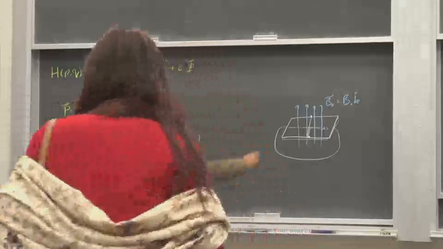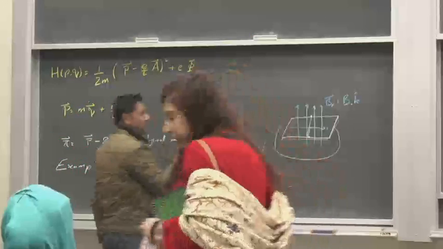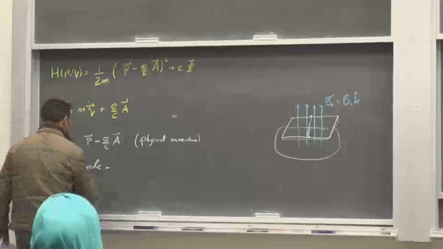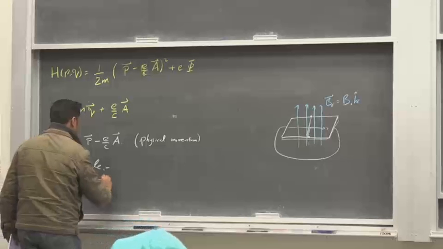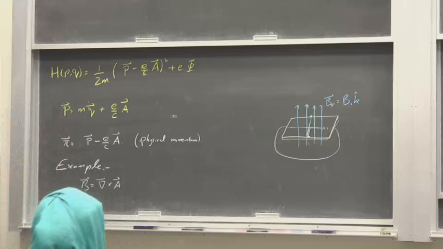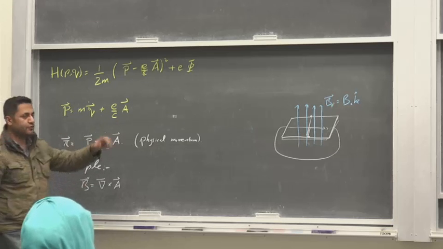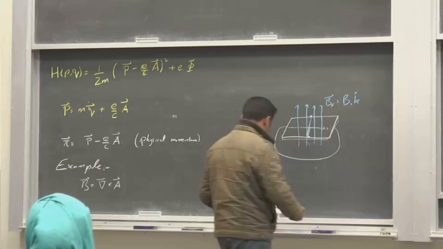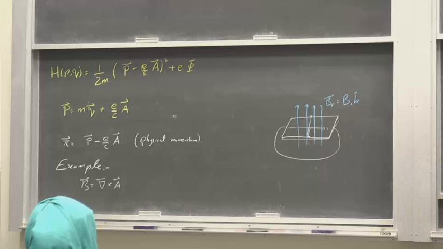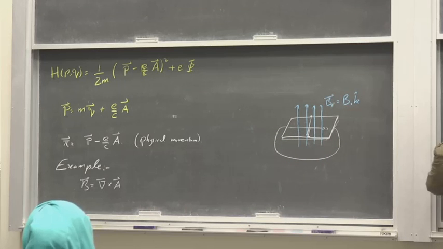So I have to guess, as I said, that you always have to guess a function, so that you have to guess an A, so that del cross A gives you your desired field. So an easy guess is this one.